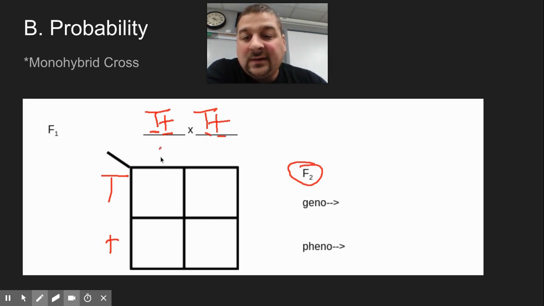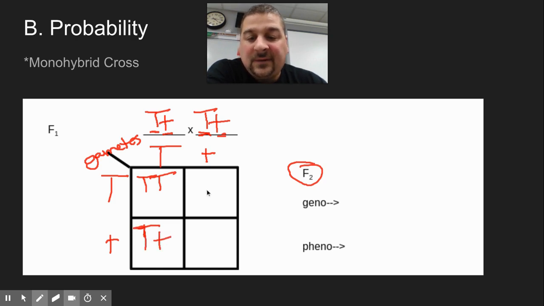The other one over here, same thing, big T, little t. Remember, the gametes are on the outside here. So then we just combine them, big T. Again, remember, we keep the dominant allele first. Big T, little t, little t, little t.